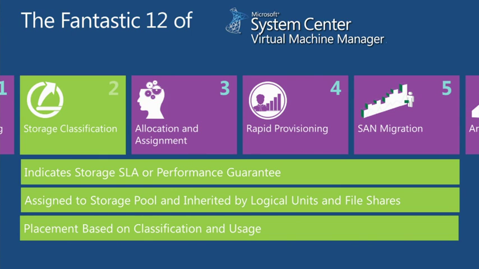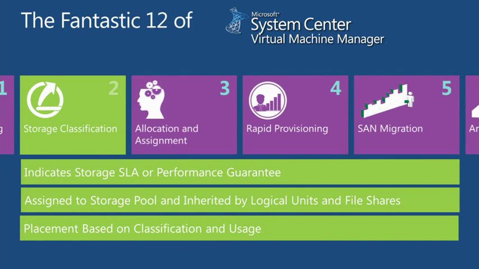So VMM has this notion of storage classification, where you can take storage across multiple arrays or disparate storage devices and tag them or classify them based on SLAs or performance associated with it. So for instance, you could call it gold, silver, or bronze storage based on the kind of SLAs or the kind of devices that provide that storage.